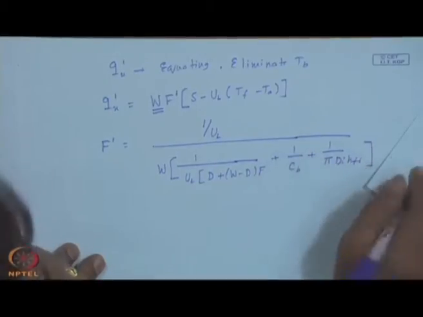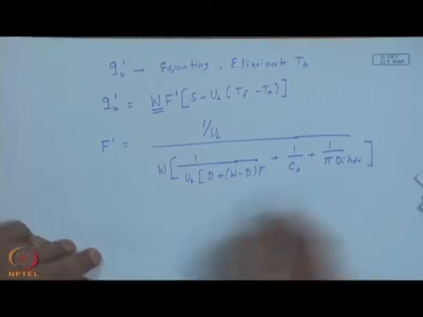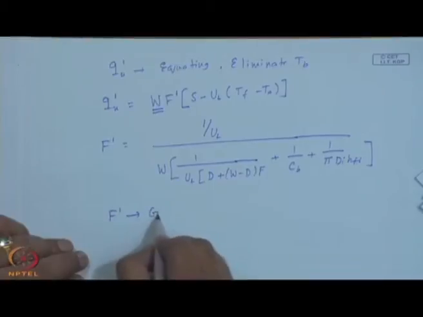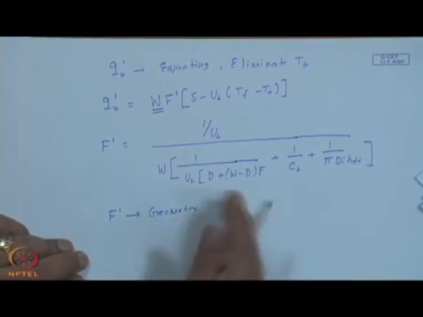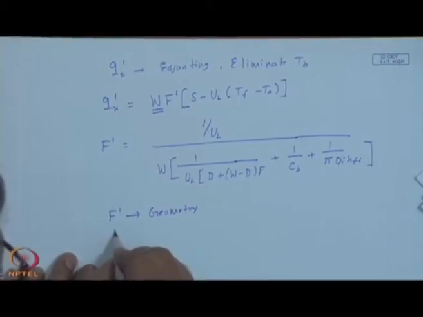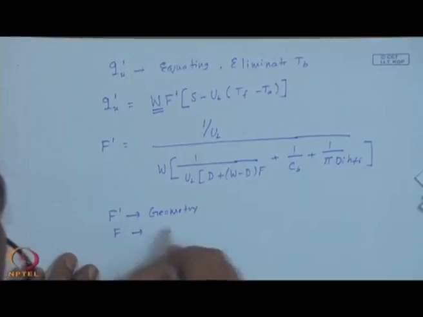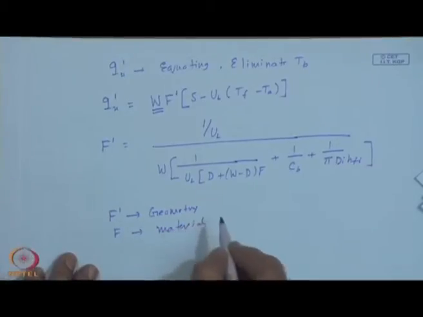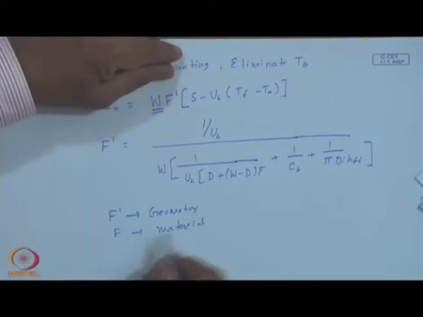Now, you will find F dash brings in geometry by W, W minus D, etc. And through F, it is the material plus the heat transfer coefficients.